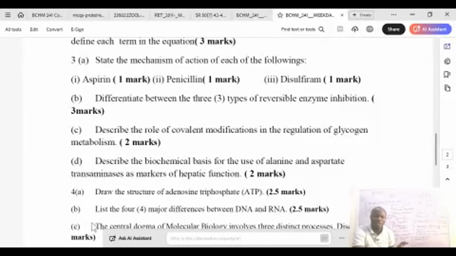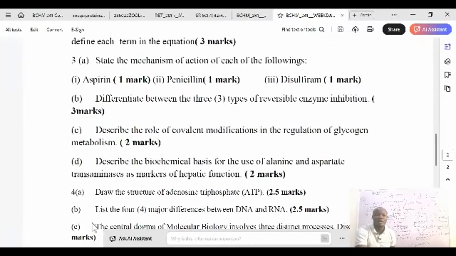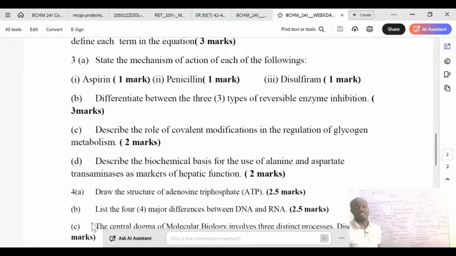So now we are moving to question 3. We answered question 1 correctly, and then question 2. Ladies and gentlemen, I clearly explained in our last class. 3A says, state the mechanisms of action of each of the following. The first one is aspirin as a drug, then penicillin as an antibiotic, and disulfiram.